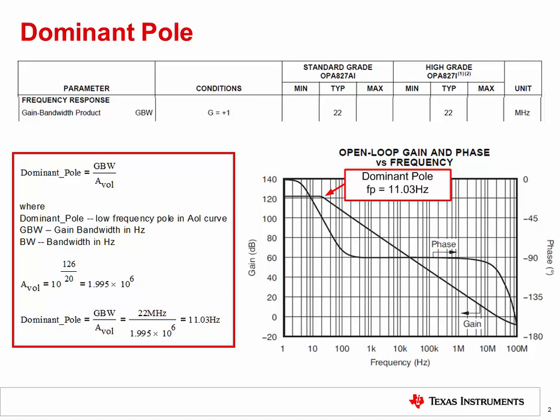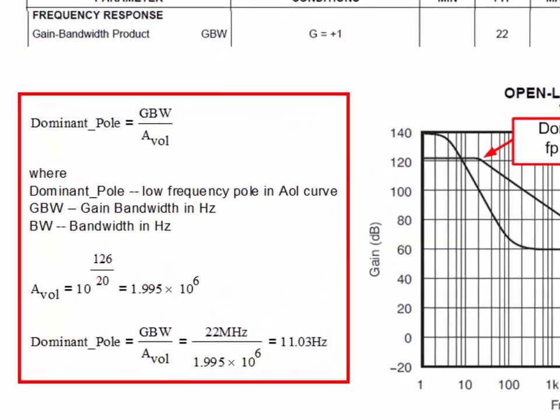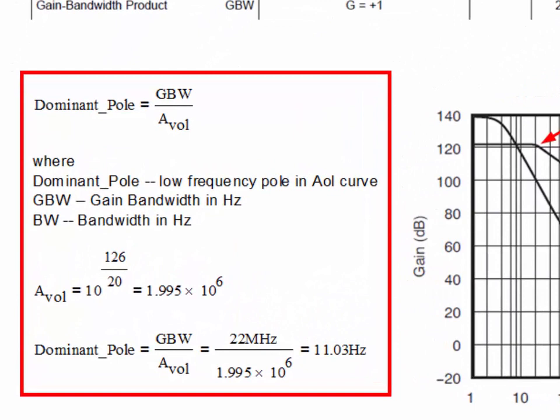The frequency of the pole can be estimated from the AOL curve, but a more accurate approach is to calculate it using this equation, where GBW is the gain bandwidth product and AOL is the open loop gain of the device. Using the OPA827 as an example, we find the device has a gain bandwidth product of 22 MHz, and the open loop gain is 126 decibels.